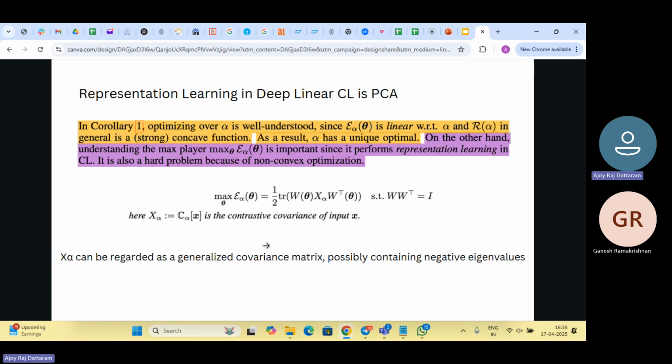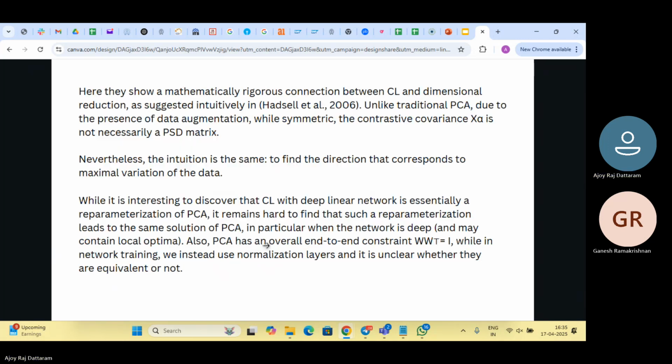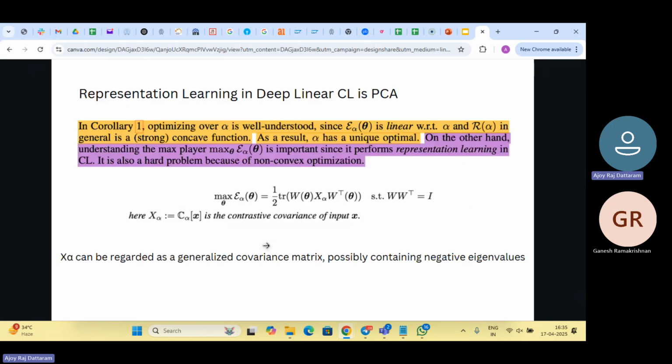So from this, we found that contrastive deep learning networks are essentially a reparameterization of PCA. So we found the solution is equal to PCA, but there is one thing: this solution actually gives negative eigenvalues, because of course there are negative augmented samples.